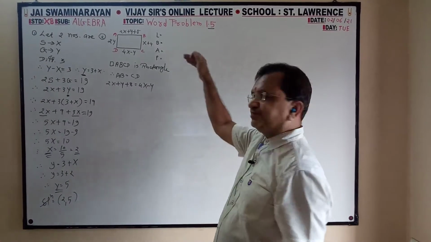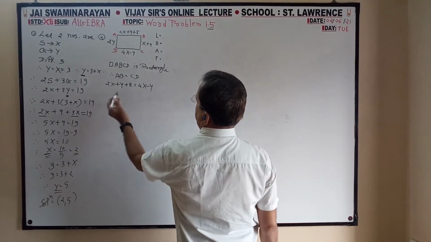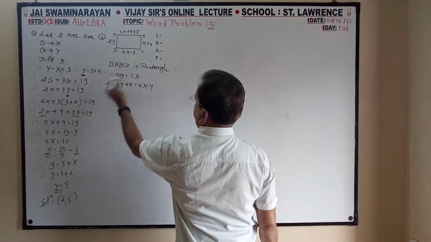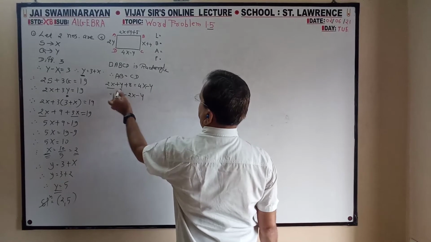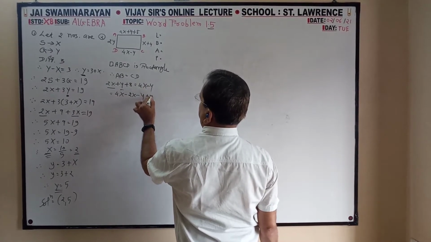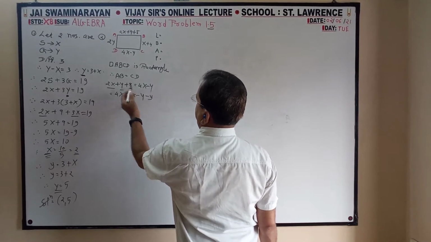Okay. So this side 4x minus 2x, transfer this, minus y, transfer this, so minus y, 8 here only.